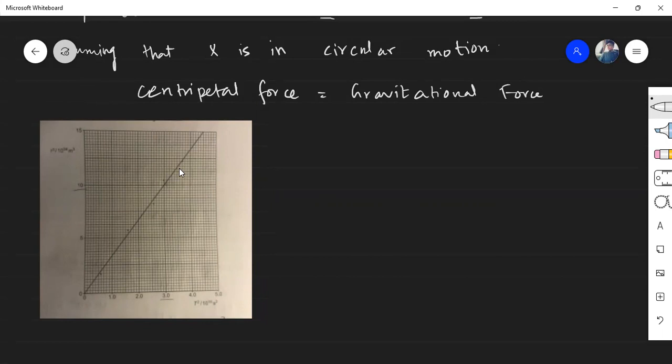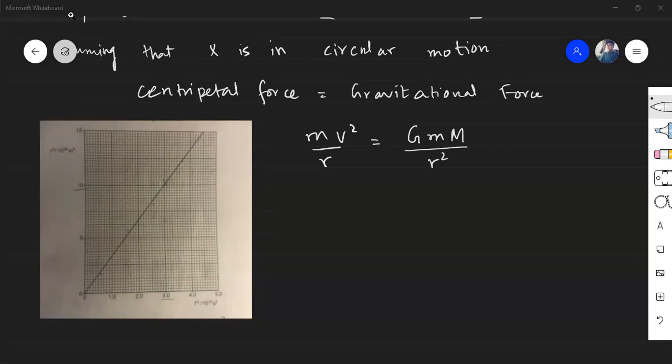The formula for the centripetal force is m v squared over r, and the formula for the gravitational force is G, the gravitational constant, times M times m divided by r squared.